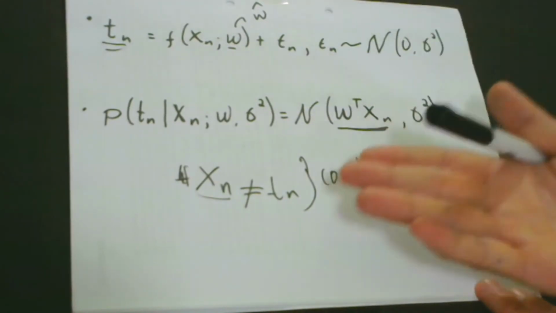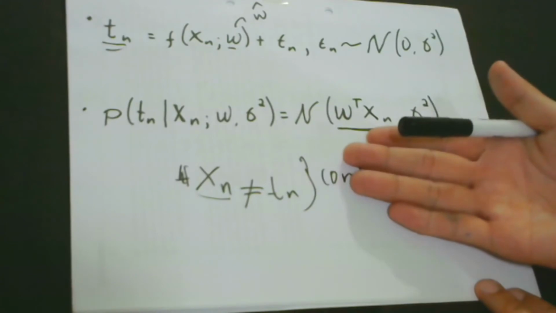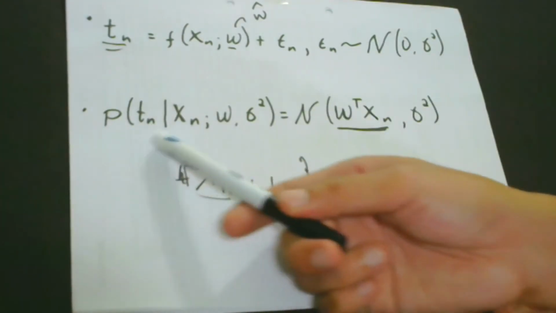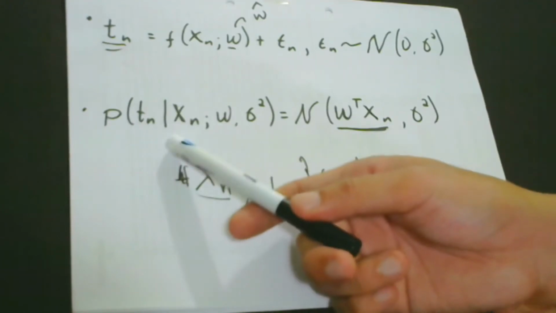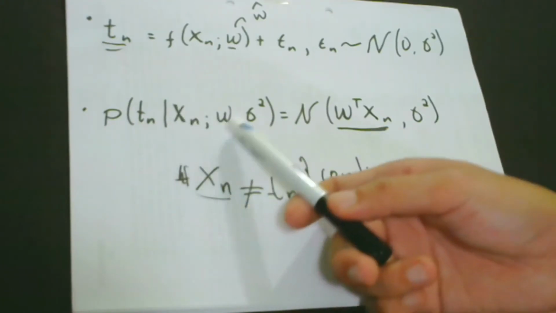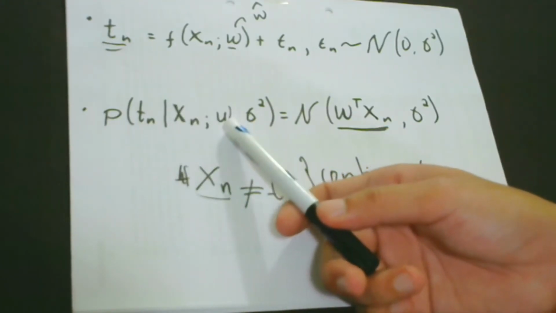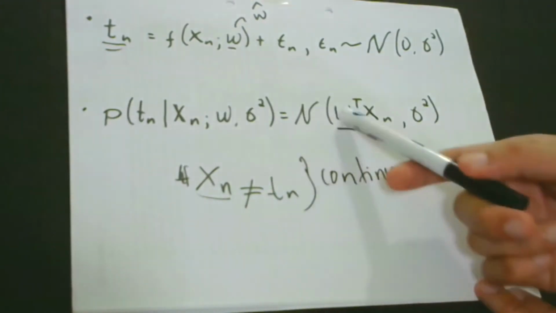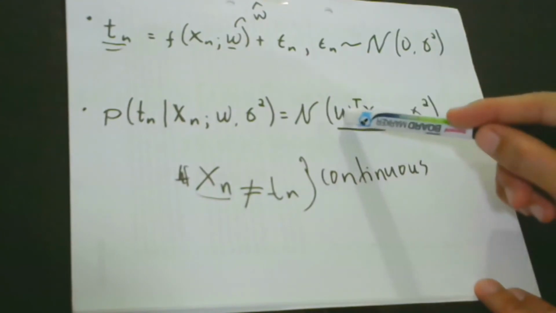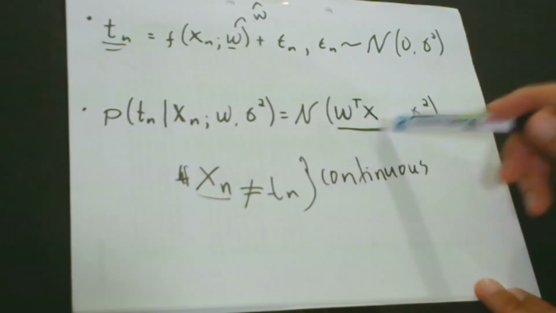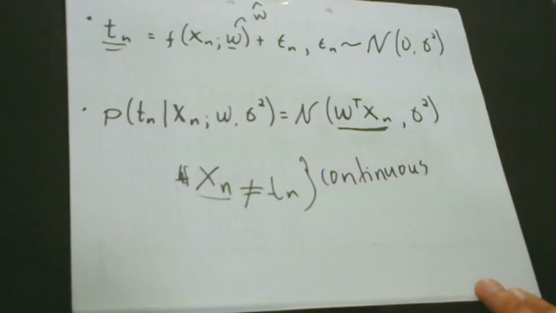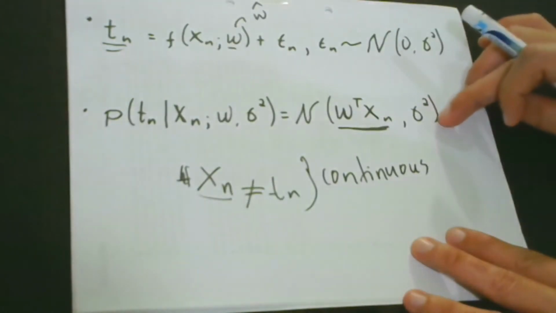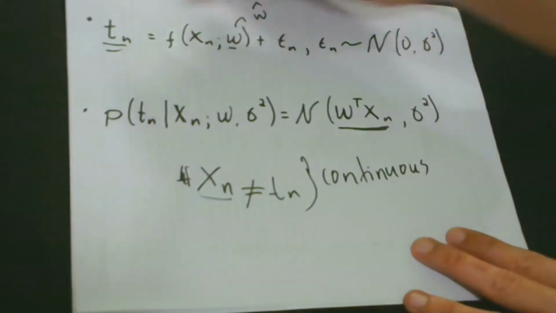Now, because we have considered likelihood in this case, we have the probability of Tn given xn with parameters w and standard deviation, which is equal to the normal distribution of w transpose xn, then we have our standard deviation. So this is actually the density function of our random variable Tn.